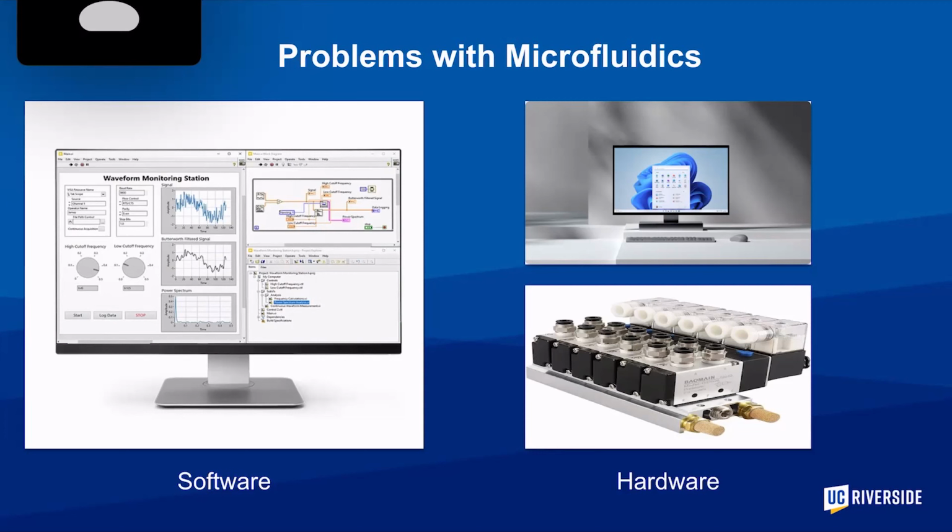The problem is that's just more money. A good PC is about $1,000, and solenoids run you about $15 to $20 a pop, and sometimes you use up to 8 or 12 of these solenoids. So all of a sudden you're at $4,000 just to run your experiment. Those are some of the cons that come with microfluidics.